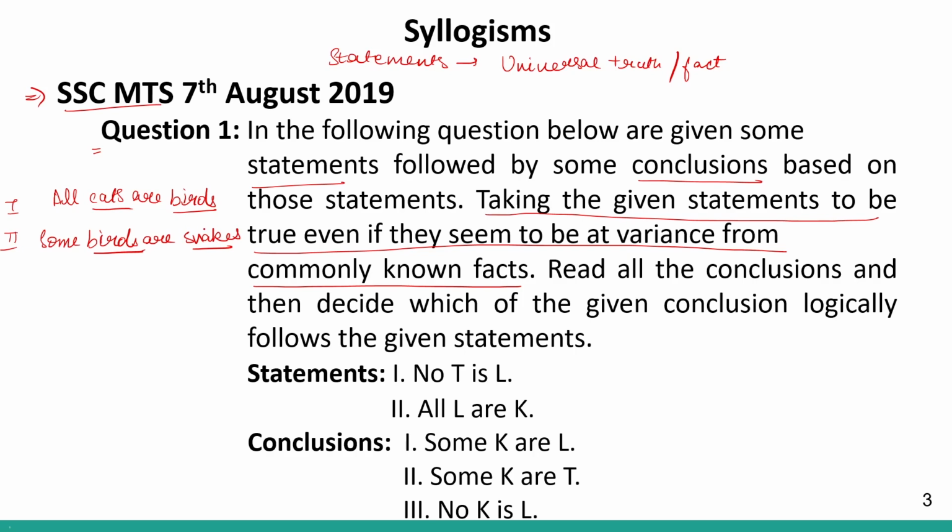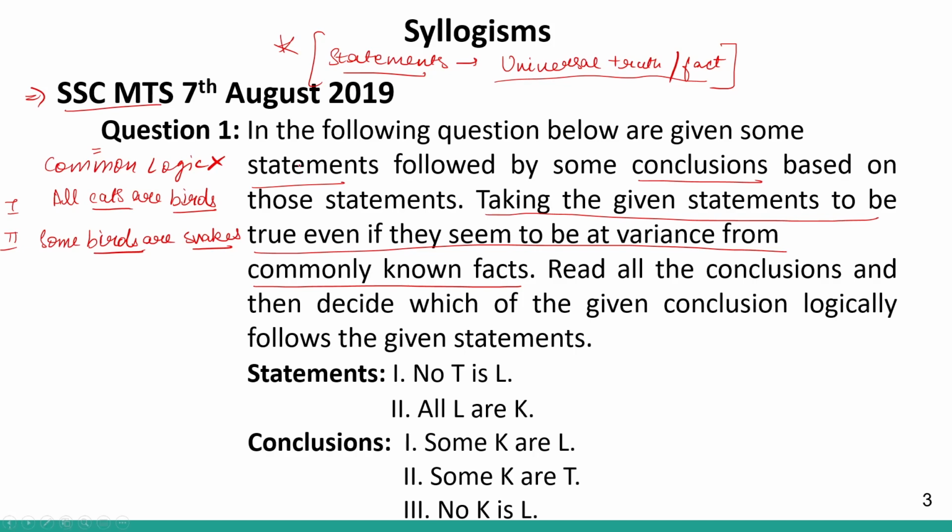They are altogether different species. So this is not true according to common logic. But whenever we solve questions in syllogisms, we consider the statements to be universal truth or universal fact. This is highly important. Only after assuming your statements to be universally true, we can continue with the question.